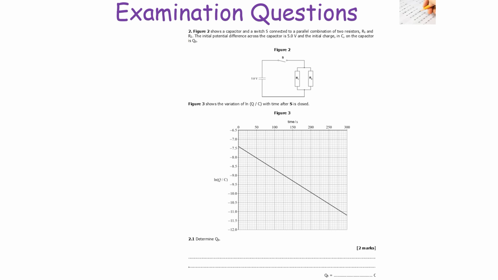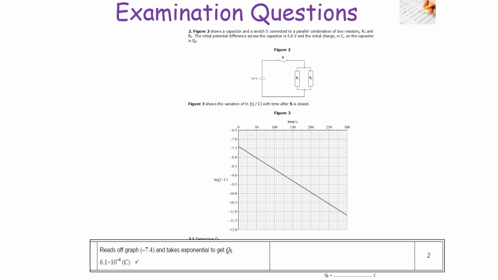Right, it's very important that you can use log graphs when trying to work out values with capacitors. Now it's important to note that you can work out Q0 from a log Q-t graph, because we know that our y-intercept is equal to log Q0. So if you read off your graph, read off your y-intercept, and you'll see that log Q0 is equal to minus 7.4.